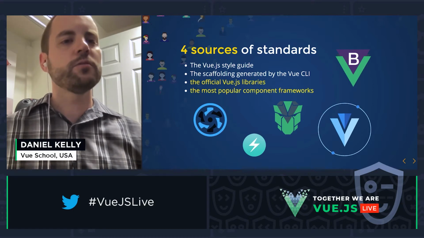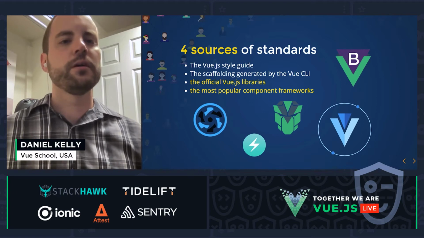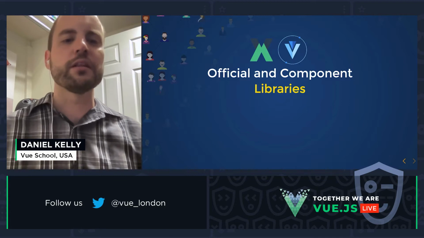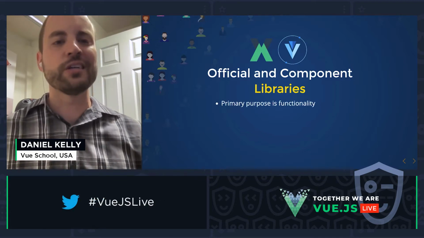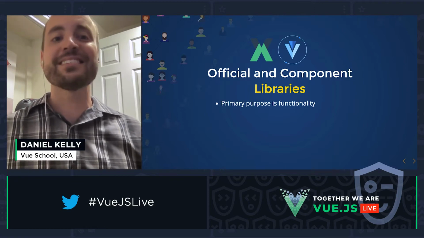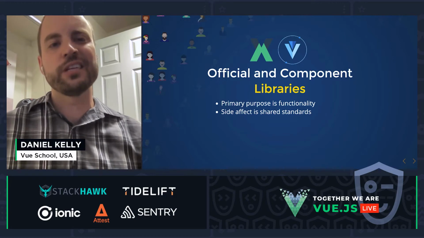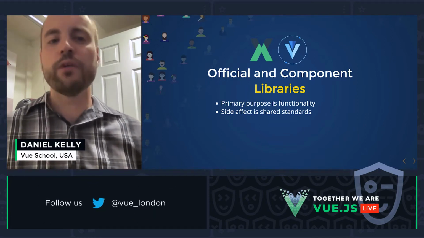Alright, so let's first of all dive a little deeper into those last 2 items. That is, the official and component libraries. Admittedly, their primary purpose is functionality. However, as a side effect of them being so widely used, they also provide shared standards. What do I mean by that? Well, take Vue Router for instance.